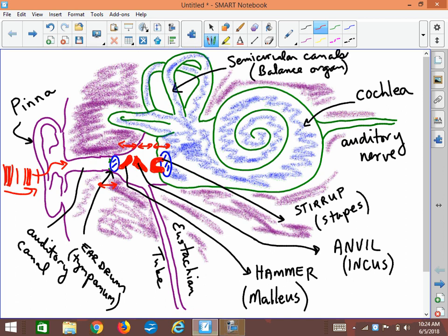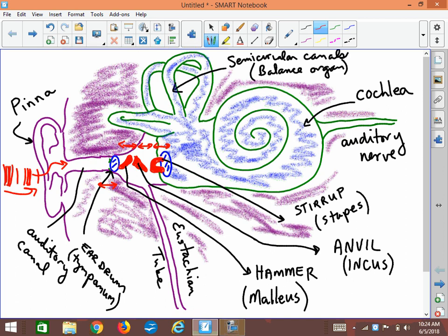In doing so, they serve a couple of purposes. First of all, they transmit the sound, and they turn it from a sound wave in the air into a wave of vibrating bones. So it's a different form of wave now. And they also serve to amplify the sound. So you can write underneath your picture the three bones, the hammer, the anvil, and the stirrup.